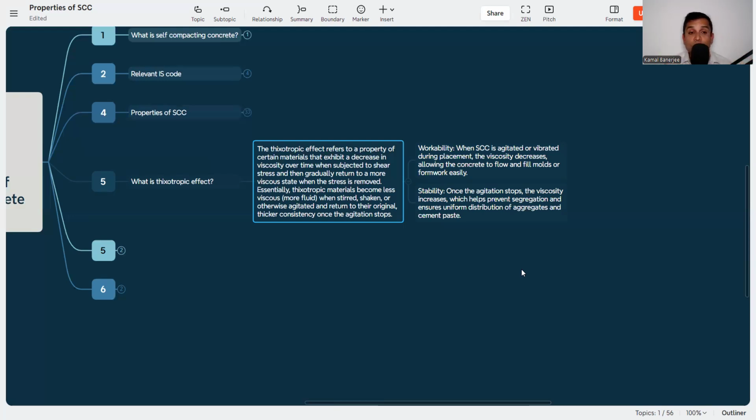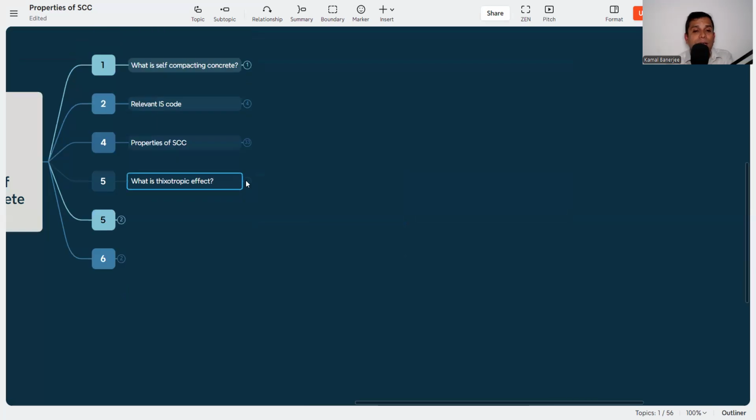So this thixotropic effect is a very important and essential parameter for self-compacting concrete. That is why we need to use the viscosity modifying agent, which is one type of admixture used in self-compacting concrete to increase or decrease the viscosity of the paste.